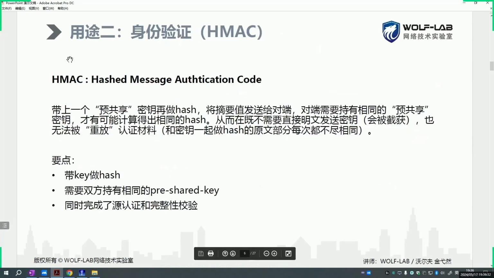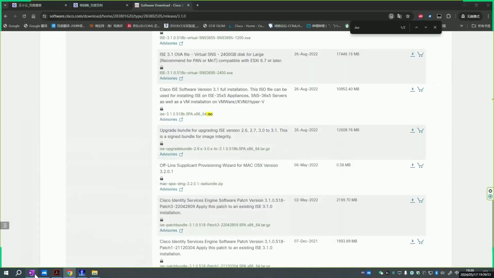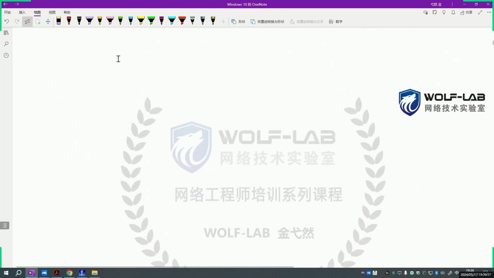However, at this time, a bad actor has appeared. This bad actor is C. The packet sent by A ended up with C. C, through a man-in-the-middle attack, hijacks this packet and looks at it. Okay, then I will tamper with your packet. After tampering, no worries, I will recalculate a hash.